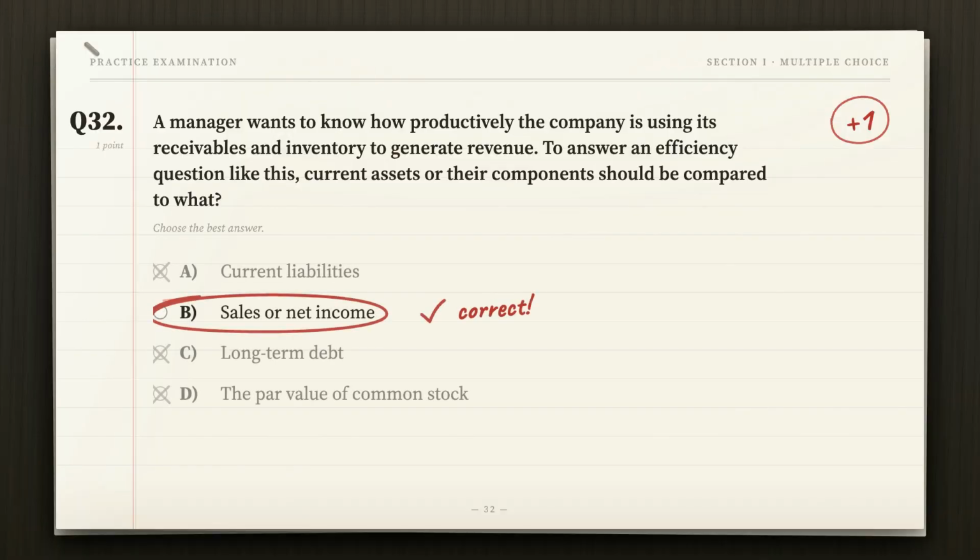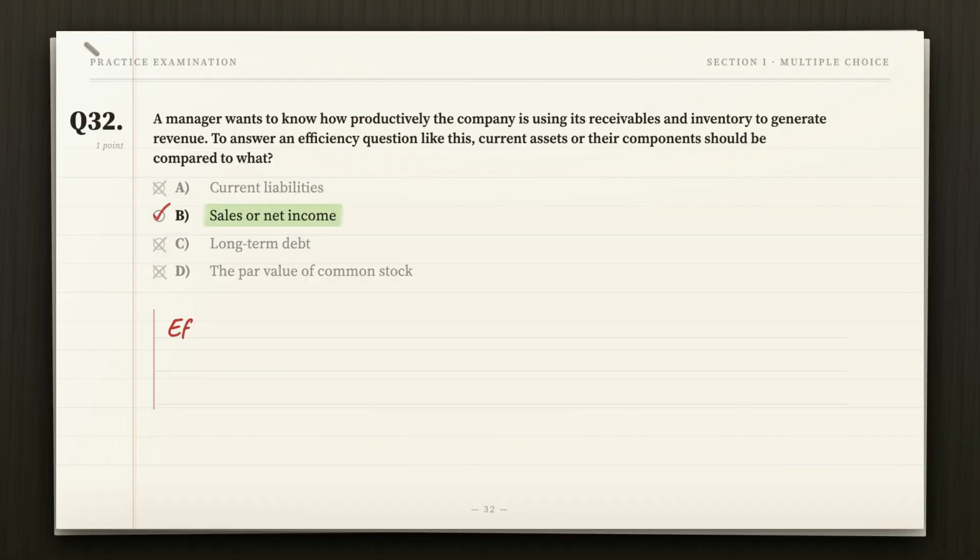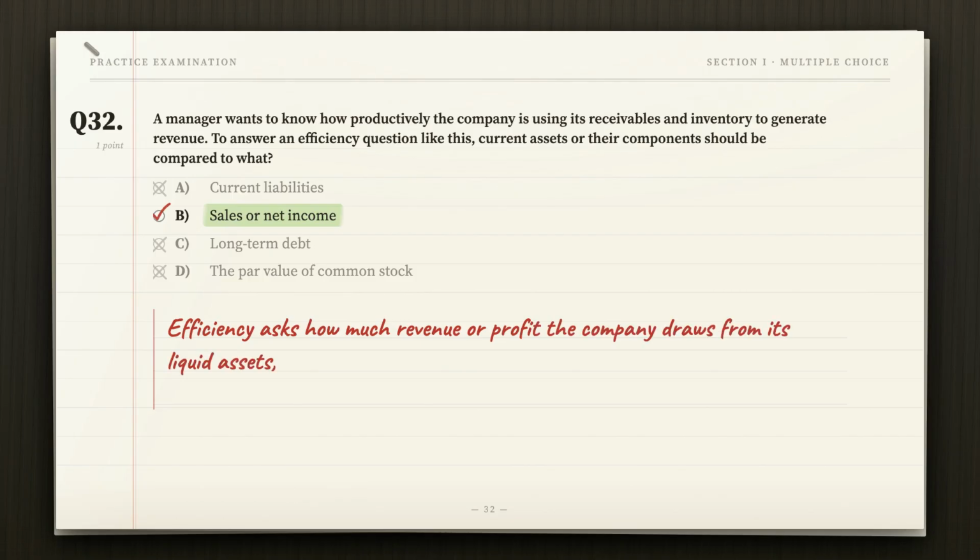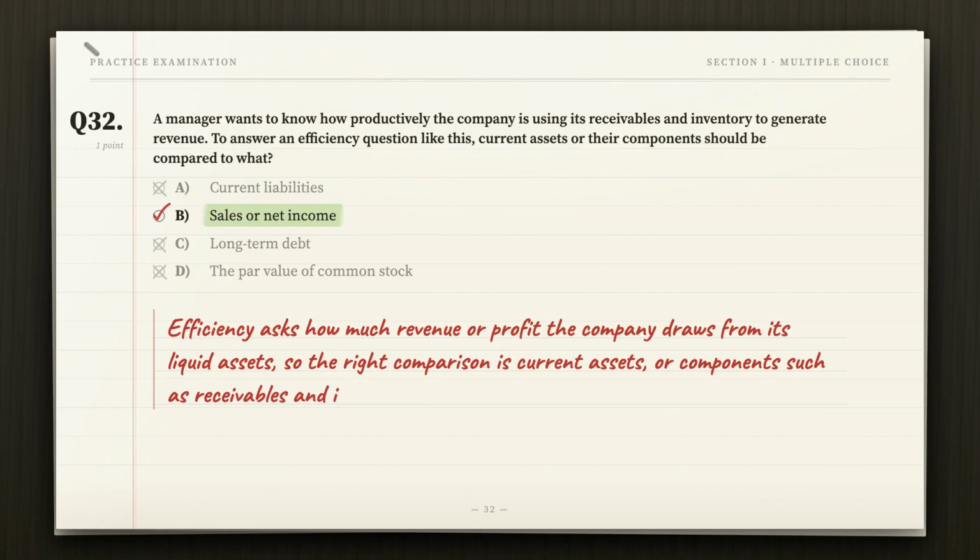The correct answer is B. Sales or net income. B is correct because efficiency asks how much revenue or profit the company draws from its liquid assets. So the right comparison is current assets, or components such as receivables and inventory, against sales or net income.